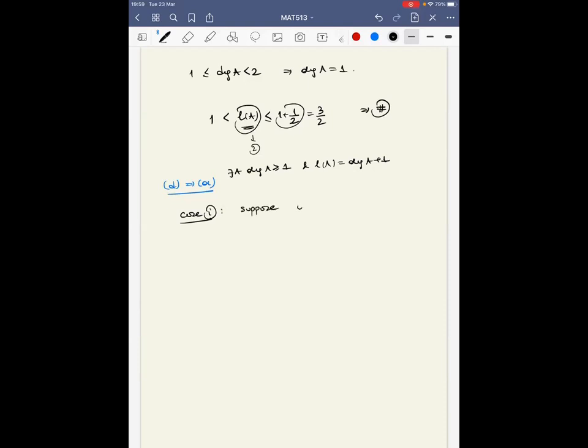First we suppose that the degree is large enough. Then by the Riemann-Roch theorem, we know that the dimension of A is degree plus 1 minus g. But by the assumption, we also know that the dimension is exactly equal to degree plus 1, and this forces the genus to be 0.